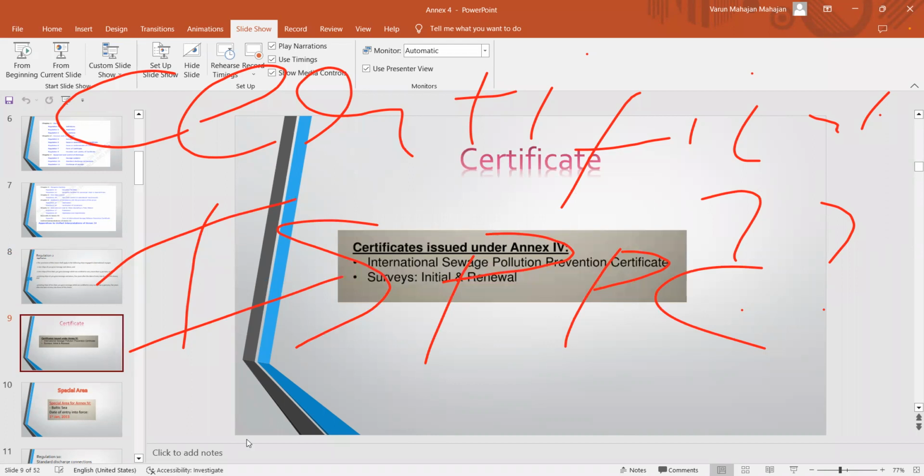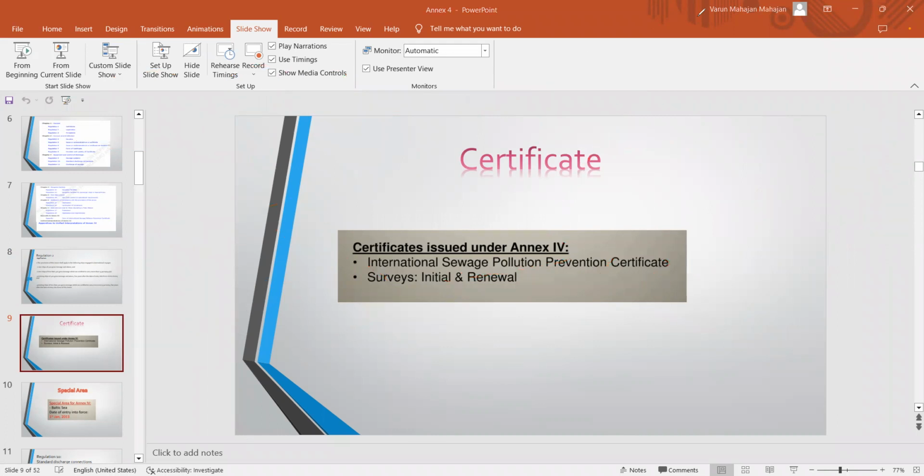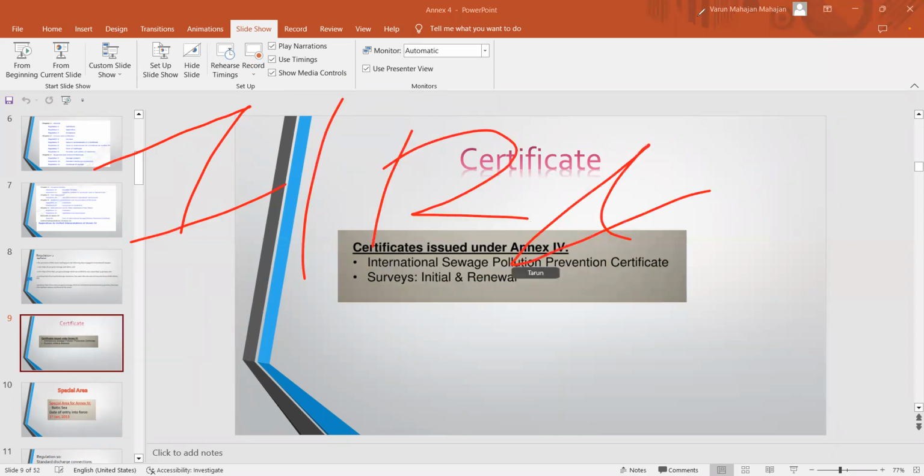And how many surveys under this annex? Initial, renewal, and one more is there, right? Additional.